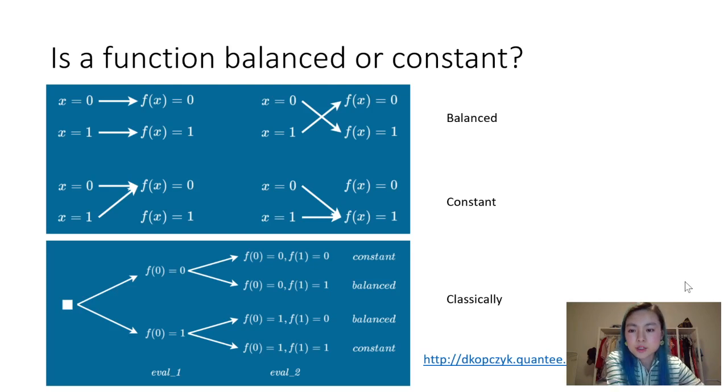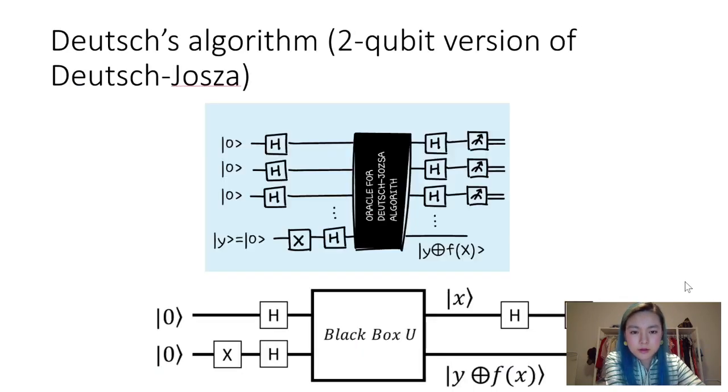But as I mentioned earlier, if we turn it into a quantum algorithm, they would not need to be measured. They would not need to be run n times. So the Deutsch algorithm is just a 2-qubit version of the Deutsch-Jozsa algorithm. So we would reduce this circuit into this below circuit, only 2 qubits involved. That's much easier to follow and see what happens with the math.